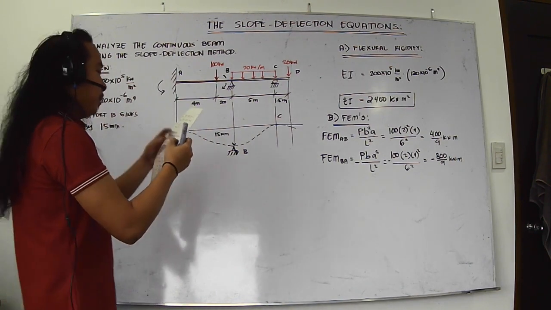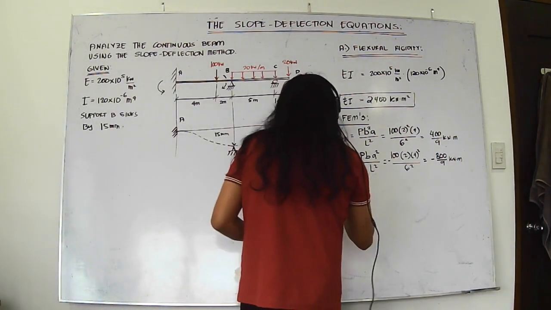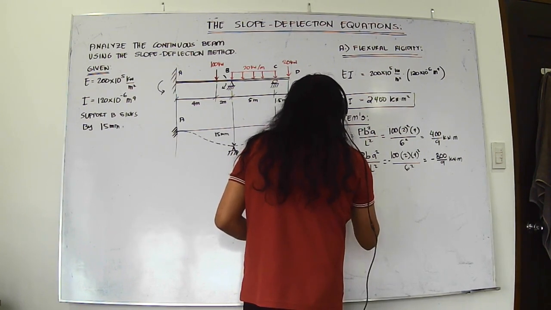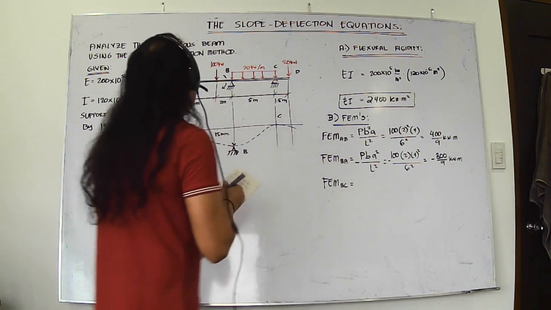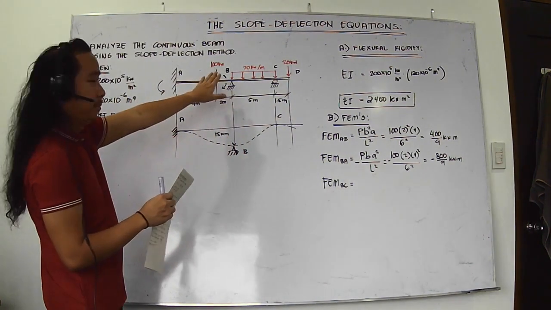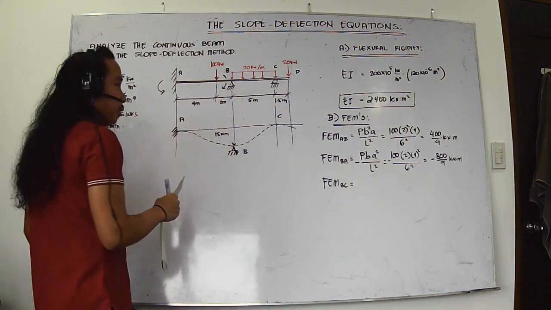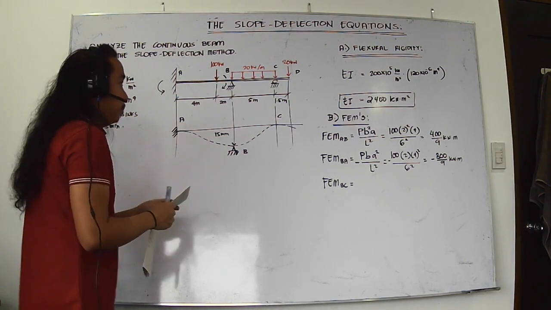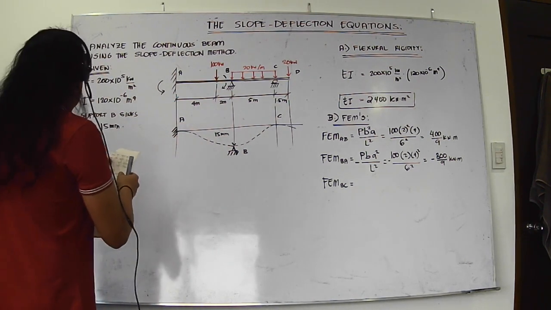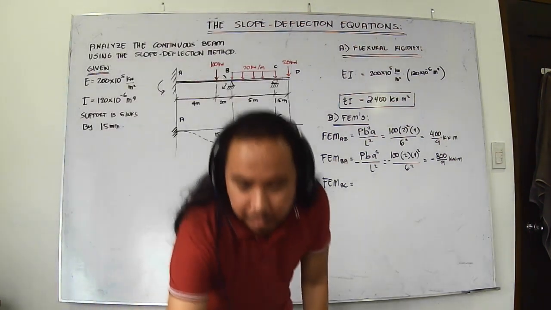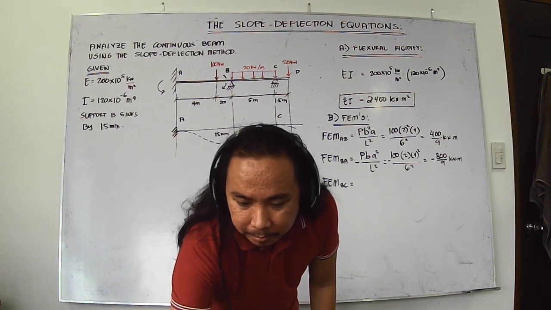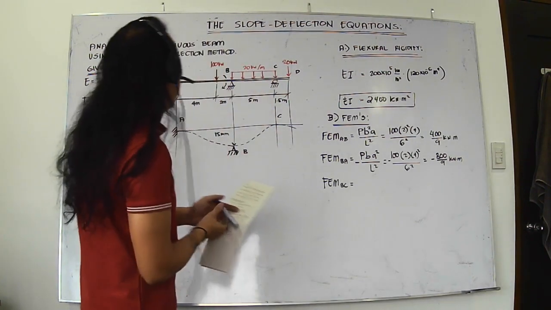Now, let's talk about FEM BC. For FEM BC, we're dealing with a constant distributed load. You can use the equation that I taught you, whichever you prefer.